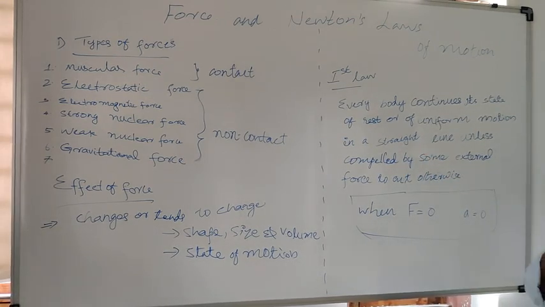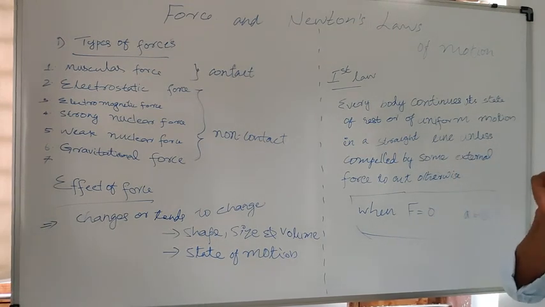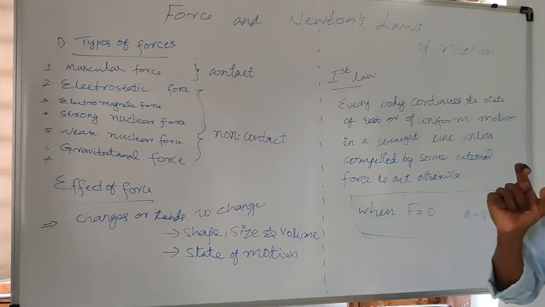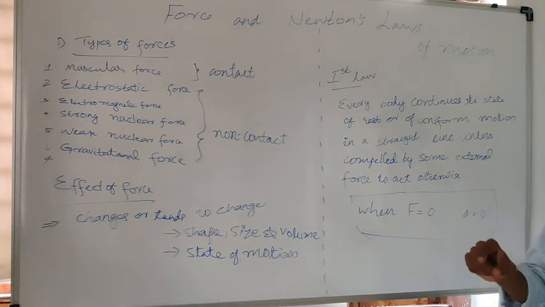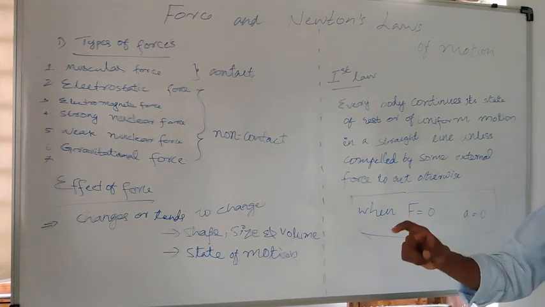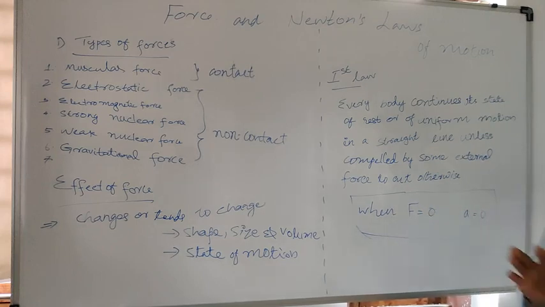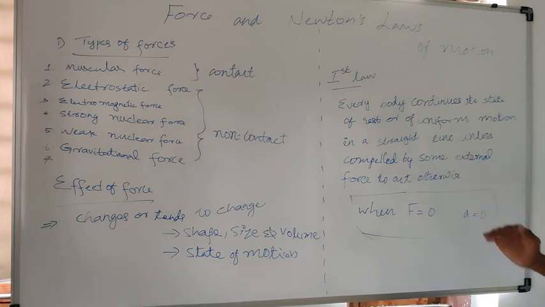If a body is moving with constant velocity, then it will continue to move with constant velocity unless we are applying some external force to it. Or if a body is at rest, it will continue to be at rest unless we are applying some external force, or unbalanced external force, to it. Okay, now I hope you understood the two situations.